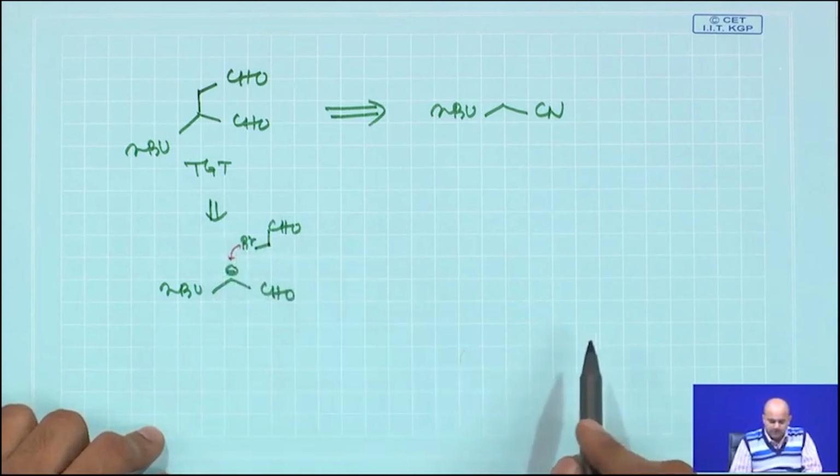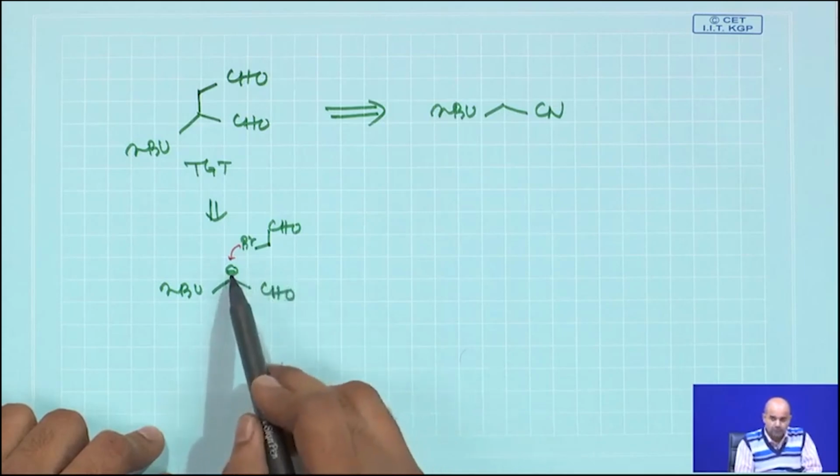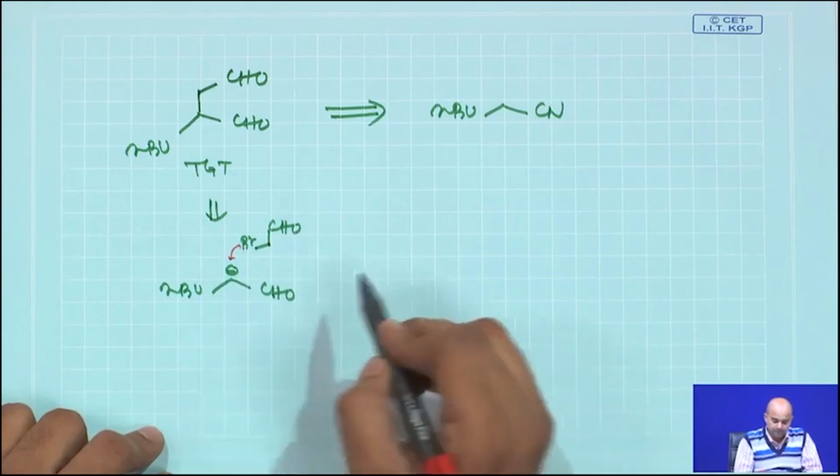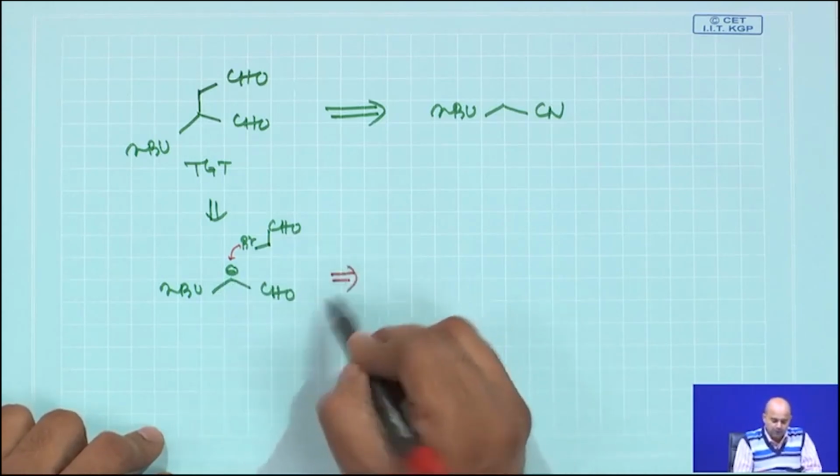Now, it is a bit difficult because you are doing a base mediated reaction. The carbanion is there, it can undergo aldol reaction, self aldol reaction, many things can take place. So, I will probably recommend this route is not feasible.